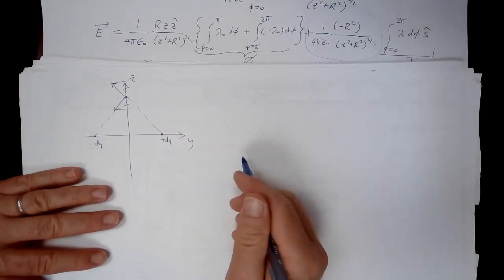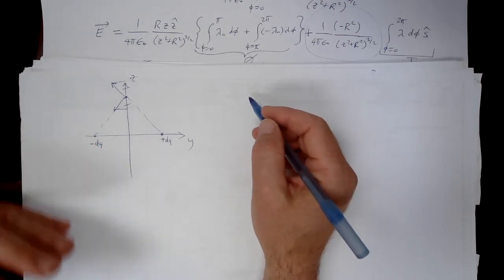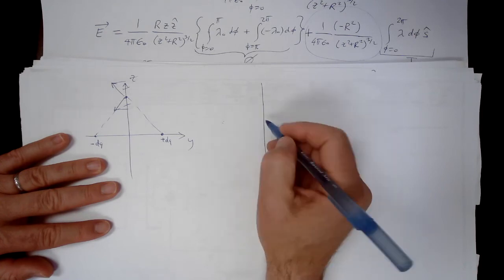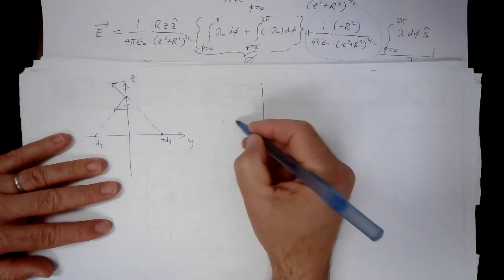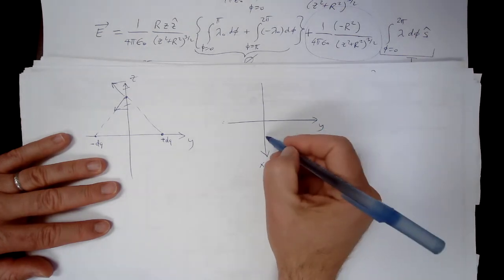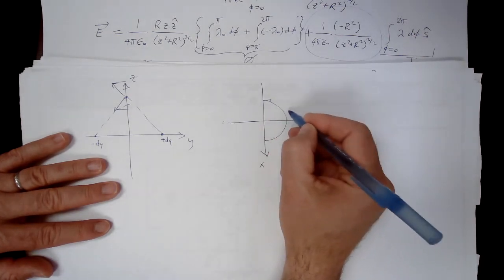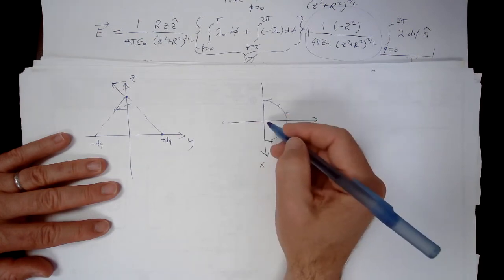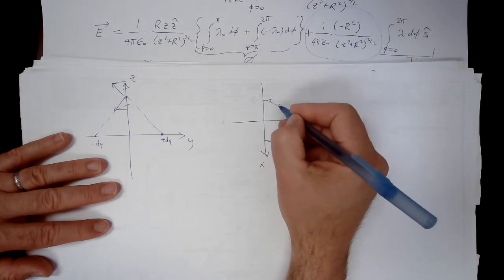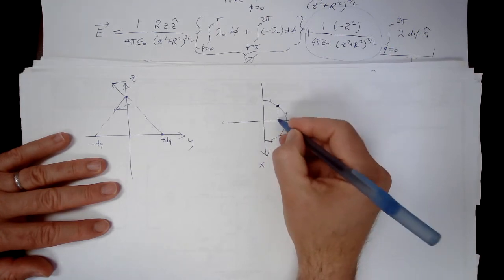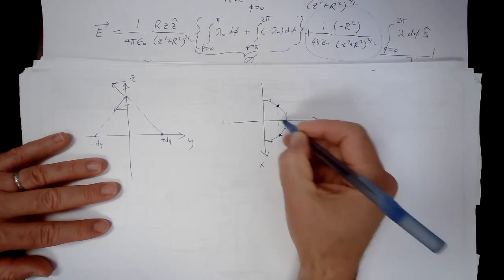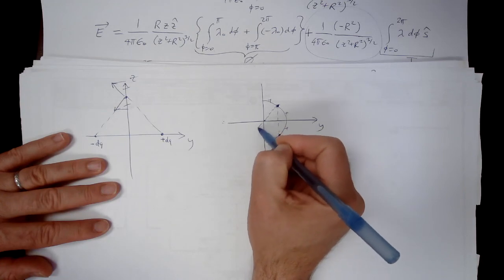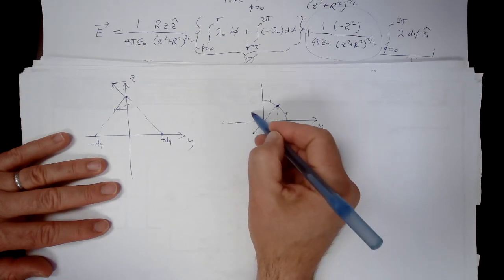That's one thing. Second thing is, there's also a symmetry with respect to the Y-axis, because now if you look at, this is X, say this is Y, and these are the positive charges. Let's look at the origin. It's easy to see. If I have a positive charge here, there is a positive charge right on the other side, symmetric with respect to the Z-axis, and the contribution of this one is pointing away, and this one is also pointing away.